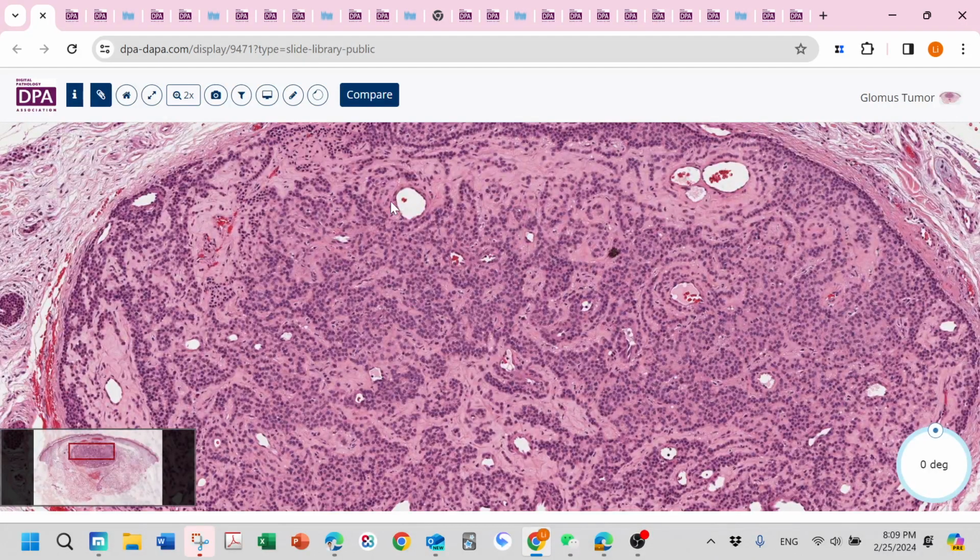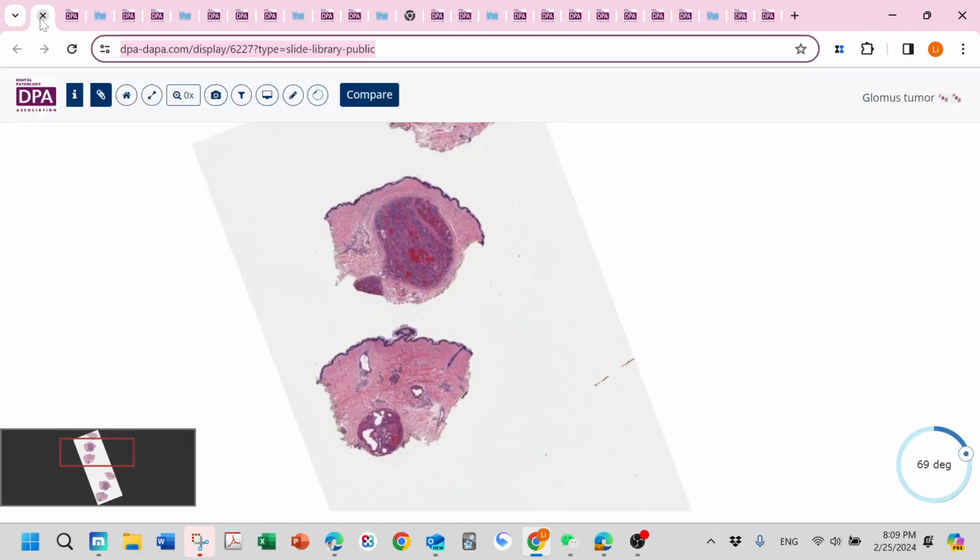They have a normal function to regulate your blood supply in the extremity. In cold weather, they will shrink the blood vessel and make sure our other organs have enough blood supply. So this is the function of the glomus cell.